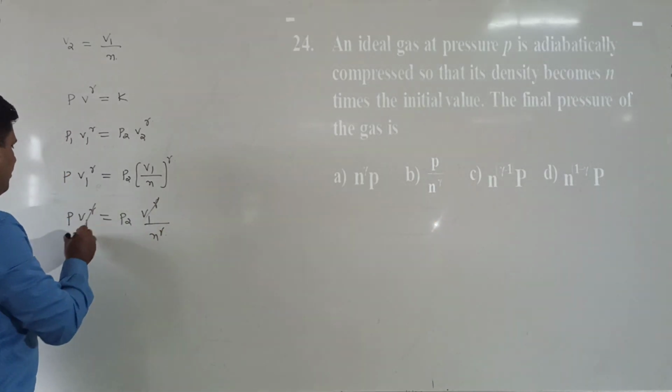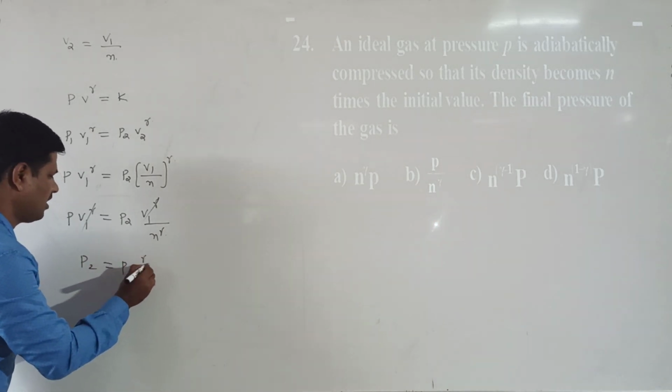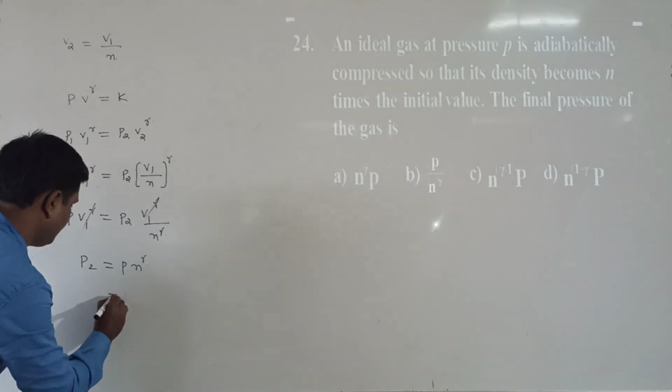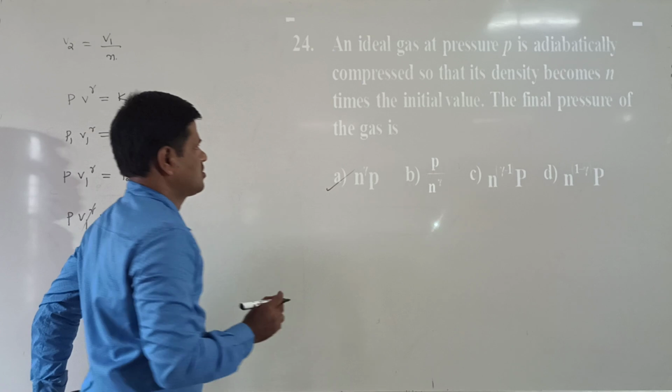Now V1 power of gamma cancels, so P2 is equal to P into n power of gamma, or n power of gamma into P. Which option is correct here? A option is correct.